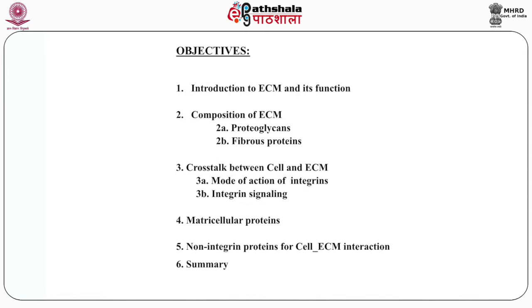Next, we will discuss the composition of the ECM and how the ECM crosstalks with the cell. The most important proteins in this category are the integrins. So, we are going to talk about integrin signaling, the new types of molecules called matricellular proteins, and some non-integrin proteins for cell to ECM interaction.